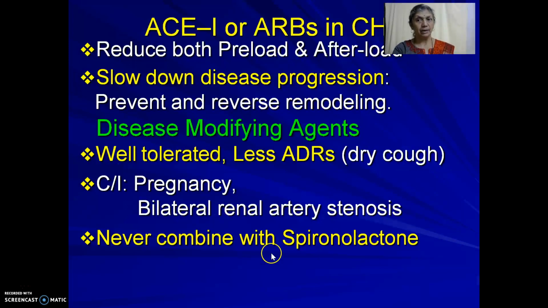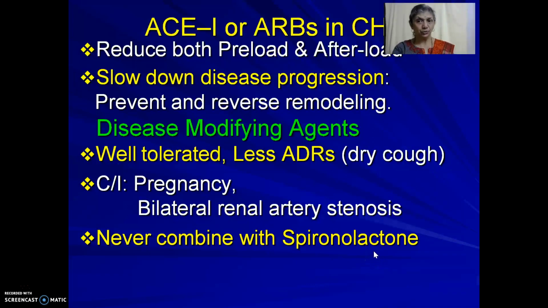They should never be combined with spironolactone, which is also capable of blocking the action of aldosterone, just as ARBs block the action of angiotensin 2. Spironolactone blocks the action of aldosterone by blocking its receptors.